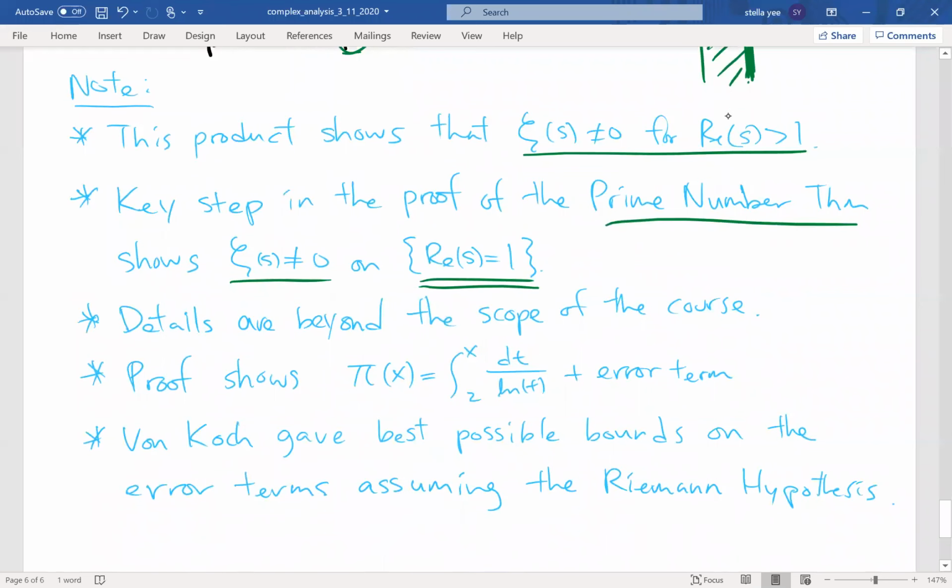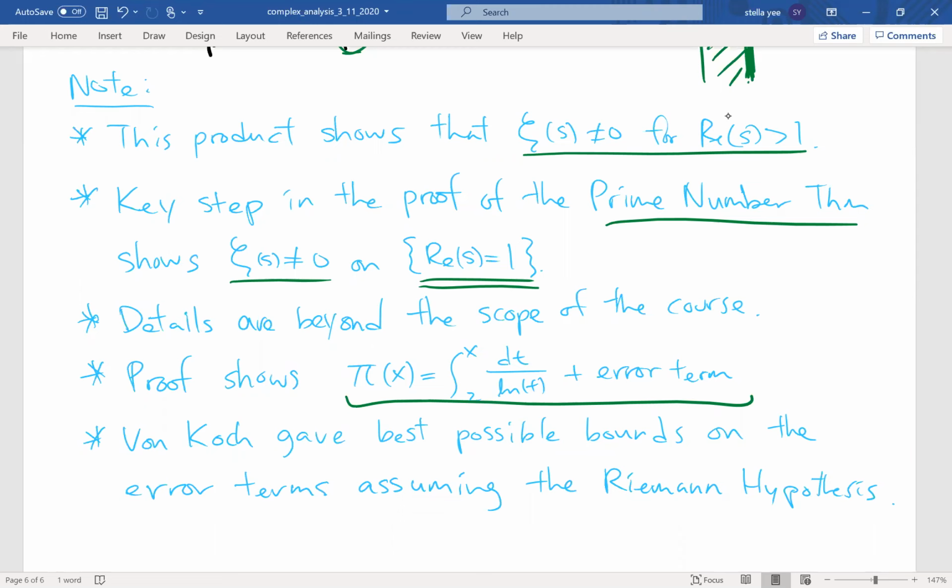Okay, and in fact, the proof shows something about how the prime numbers are distributed. So the prime counting function is equal to some integral, the integral of 1 over log t from t equals 2 to x, plus some error term.